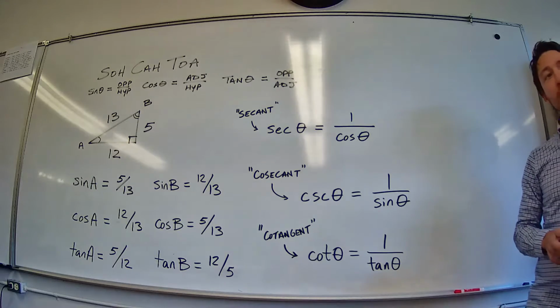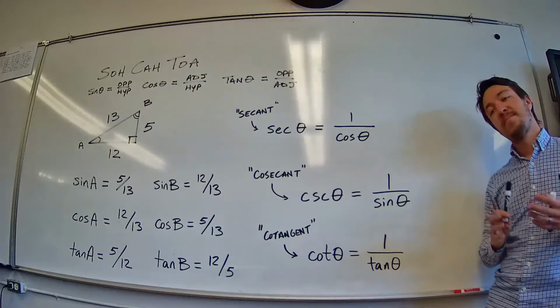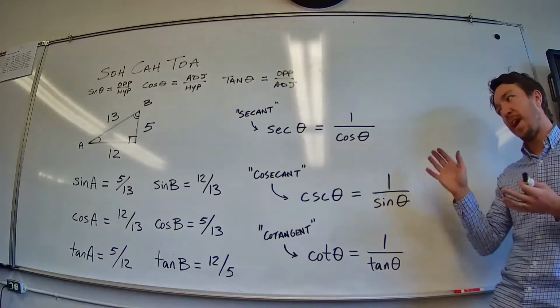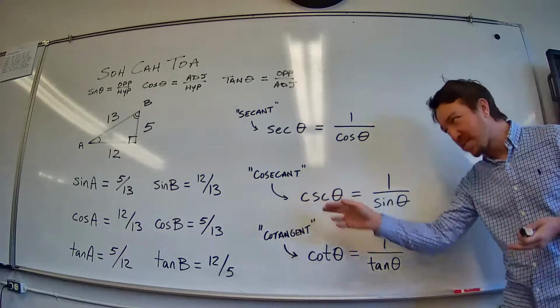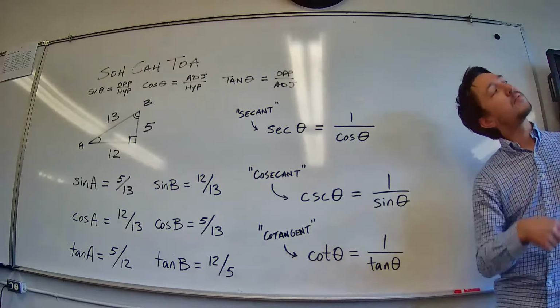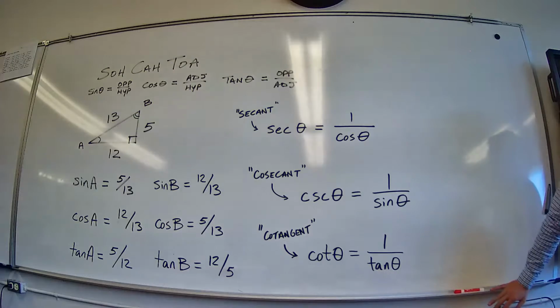There is actually some etymological reason for why cosecant goes with sine, but secant goes with cosine. When we talk about the unit circle, I'll try to remember that.